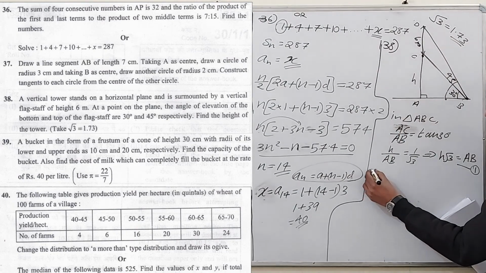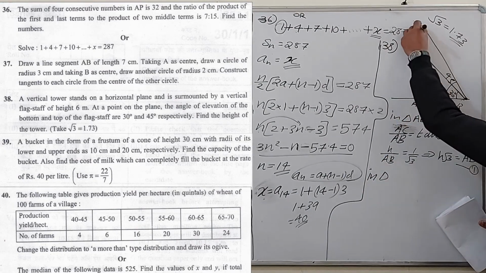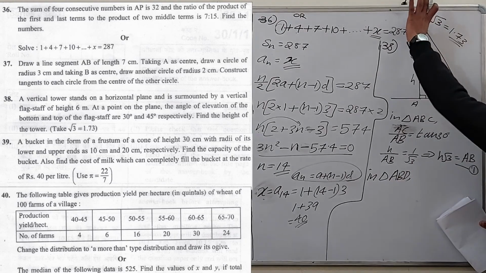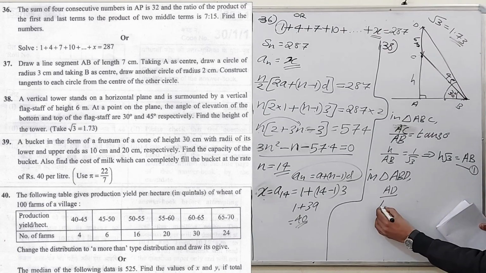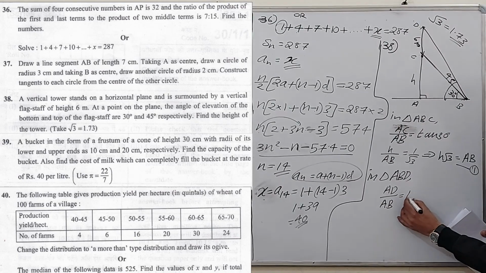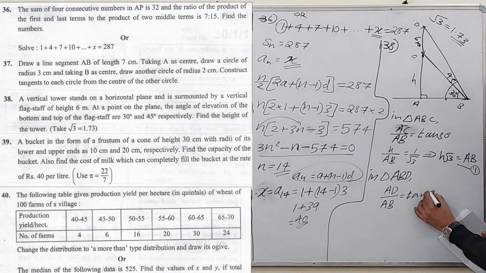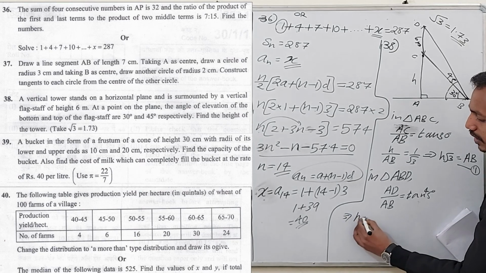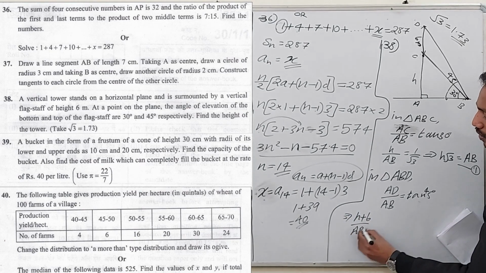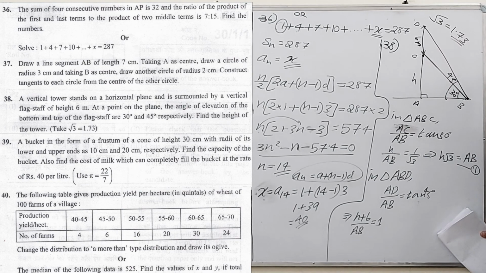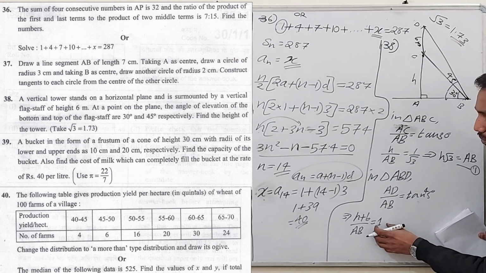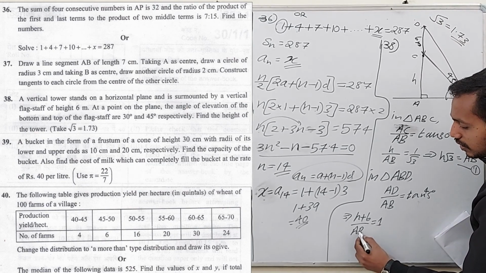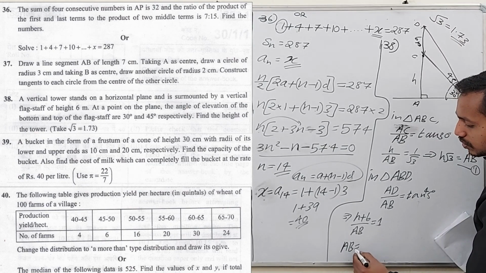Now come to triangle ABD. What do we have? AD by AB is equal to tan 45. What is AD? H plus 6. That implies H plus 6 by AB is equal to 1. Clear? So H plus 6 is equal to AB. Here we get AB is equal to H plus 6.